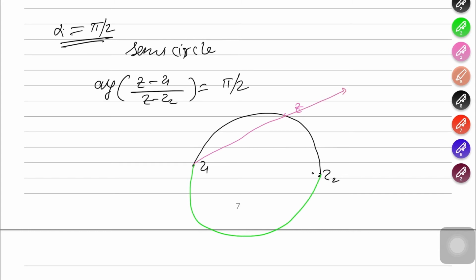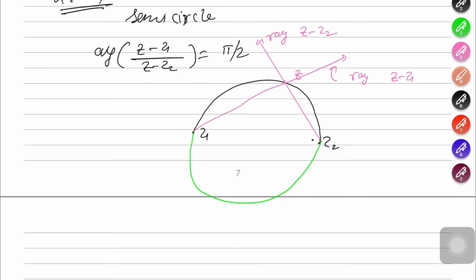This is a ray z minus z1, and this is a ray z minus z2. Whereas in the other case, if I draw this one, this is a ray z minus z1, and this is a ray z minus z2.